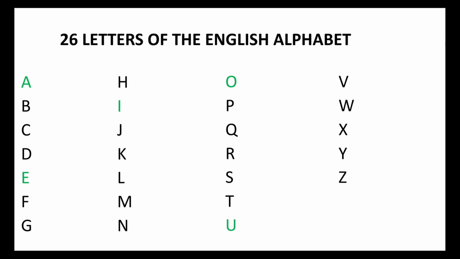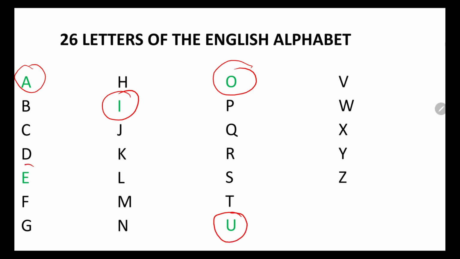There are 26 letters in the English alphabet. These ones I have written in green are vowels. If you know them, say them aloud. You have 1, 2, 3, 4, 5 vowels, and the rest of the letters are consonants.